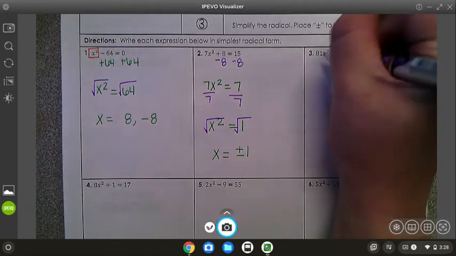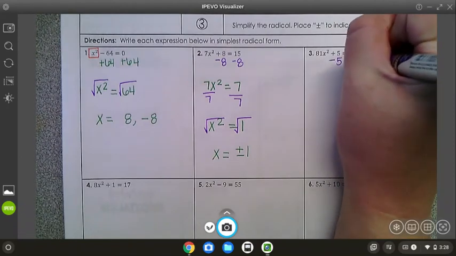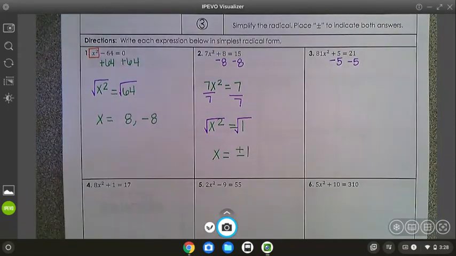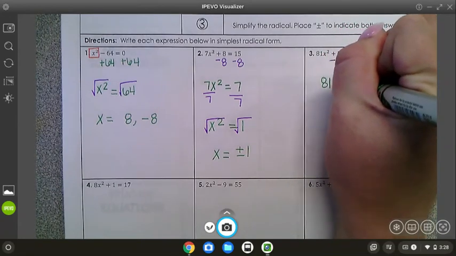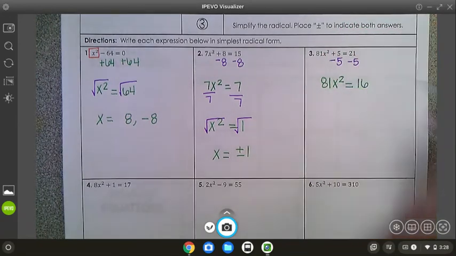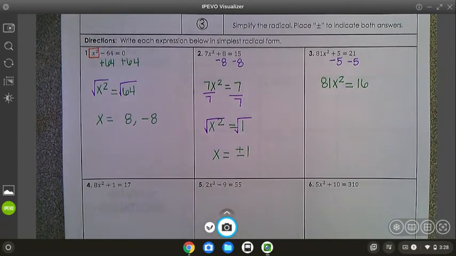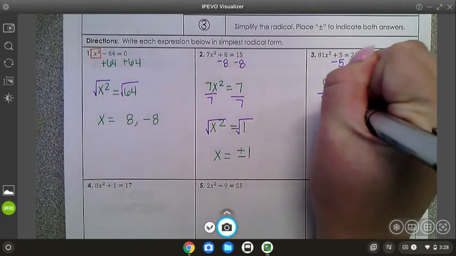Number 3, we subtract 5 first to get 81x squared equals 16. And then we divide by 81.